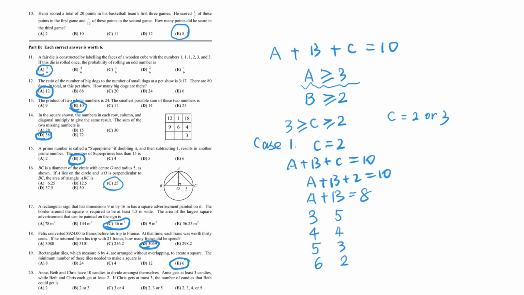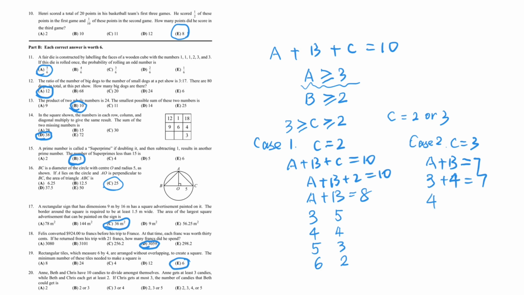That's case 1. For case 2, C equals 3. Same thing: A plus B plus C equals 10, and A plus B equals 7. A is at least 3, so A is 3 and B is 4.